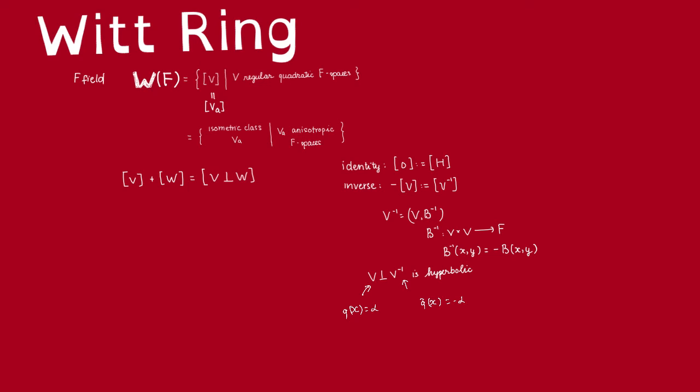So if we can decompose this sum into modules of this form, and we have already shown before that a module of this form, and note that this x and this x prime are orthogonal, so we can decompose it into modules of this form, and previously we have shown that this module is isotropic and isometric to the hyperbolic space. So this just breaks down into a direct sum of hyperbolic spaces that are orthogonal to each other, so it's hyperbolic. Now we will define multiplication.